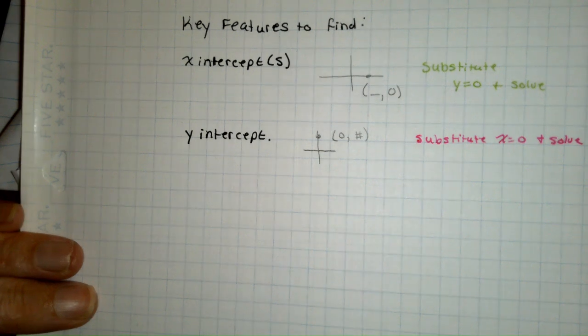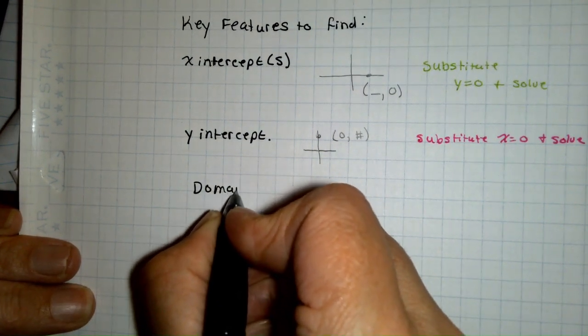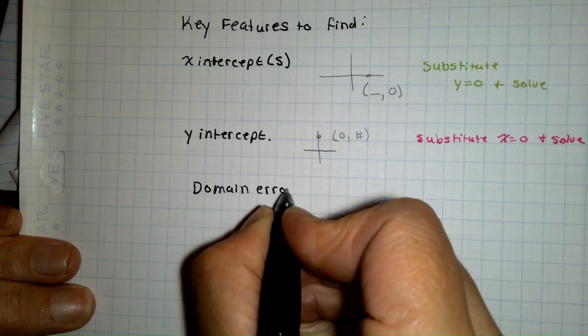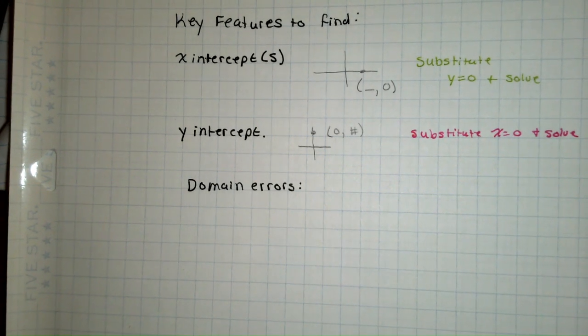The next big thing you need to know are domain errors. Domain errors are anything that make your calculator say, I can't do this.